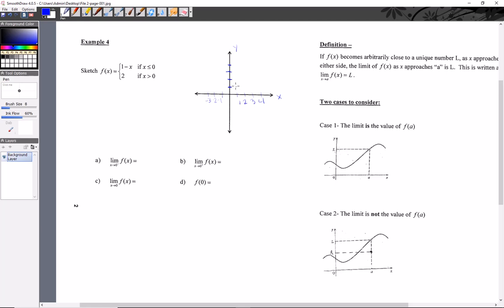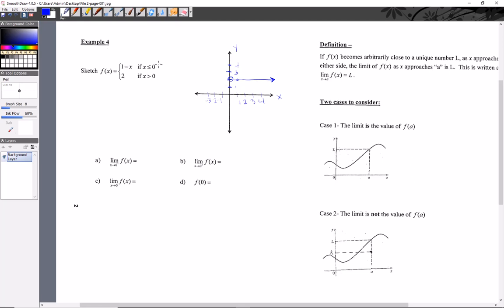So 1, 2, 3, 4, and we'll start out with this bottom one here. If x is greater than 0, which puts you right on the y-axis, then you have a constant function. So this right here is an open circle, and then a horizontal line or ray going to the right.